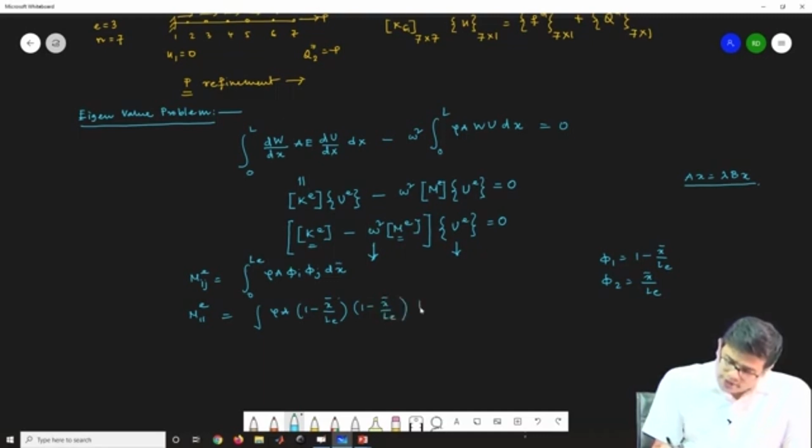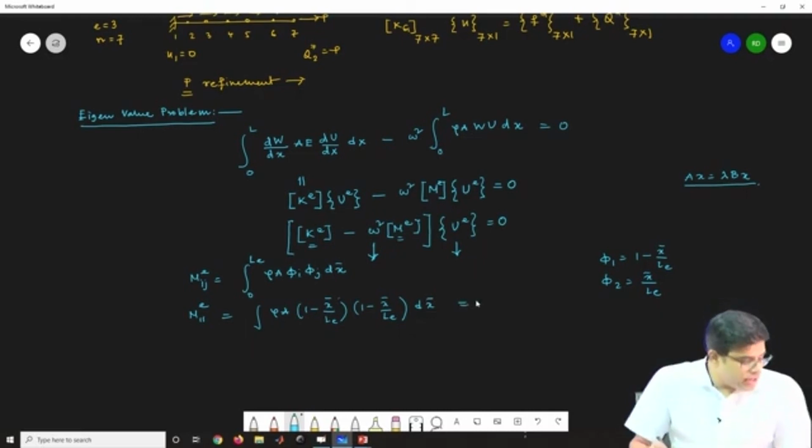If you do this exercise, you will get the mass matrix associated with this. So this is rho A Le by 3, I think.